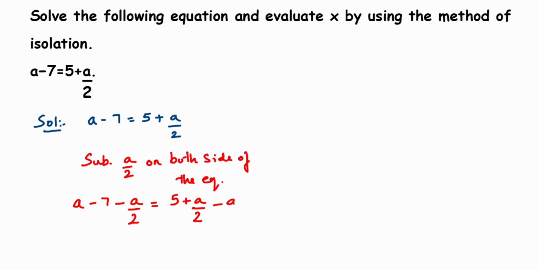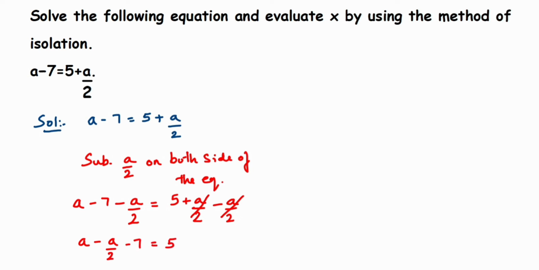I hope it's clear. Whatever we're doing, we have to do it on both sides of the equation. Here the plus a by 2 and minus a by 2 will get cancelled. That is why we have subtracted a by 2 on both sides of the equation. So from here we can write, I'm just rearranging the terms, a minus a by 2 minus 7 is equal to 5.